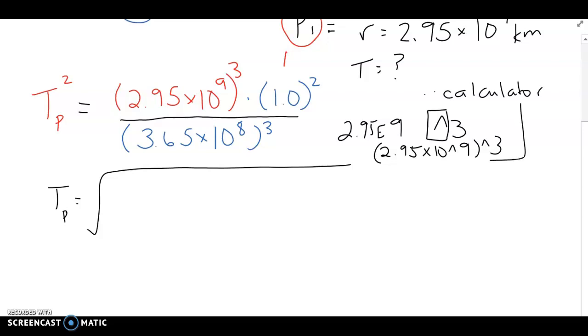So in your calculator, you should be doing one of those two things, because we have the scientific notation and the cubing.